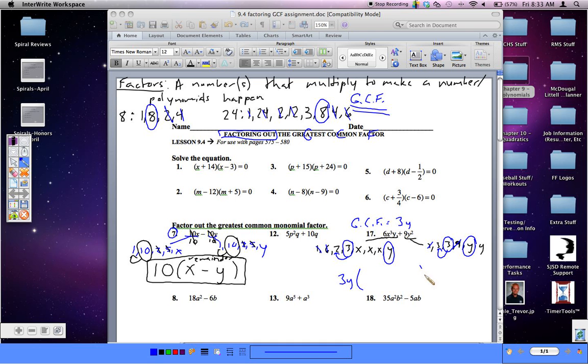And then I need the remaining left in the parentheses. So if I divide this by my greatest common factor of 3y, 6 divided by 3 is 2. Notice the 2 was the number that paired with the 3 to multiply to make that, so that's another big giveaway for us. Since there are 3 x's, and we don't have any other x's to divide, all 3 x's stayed in there.